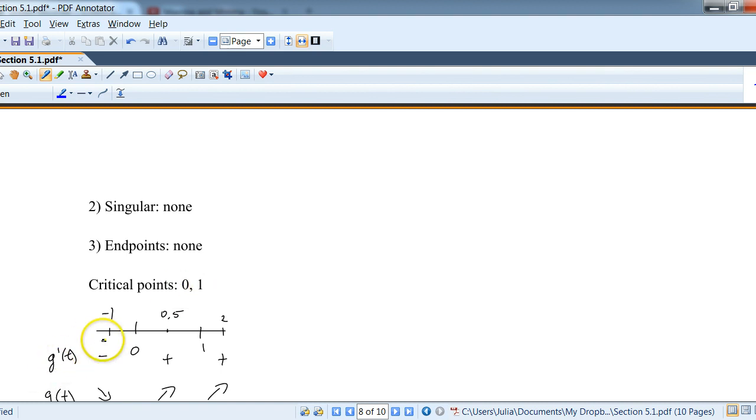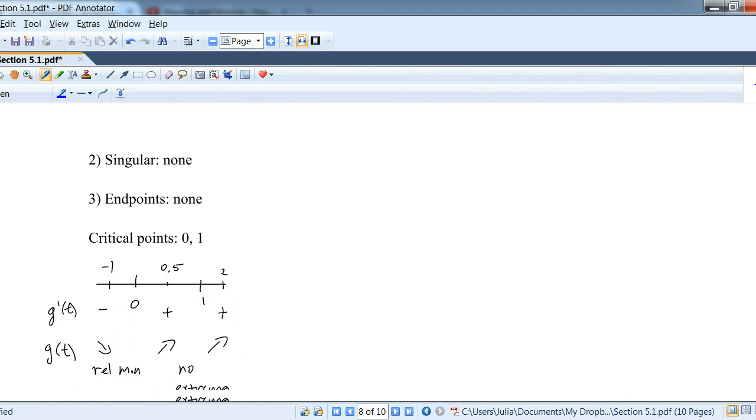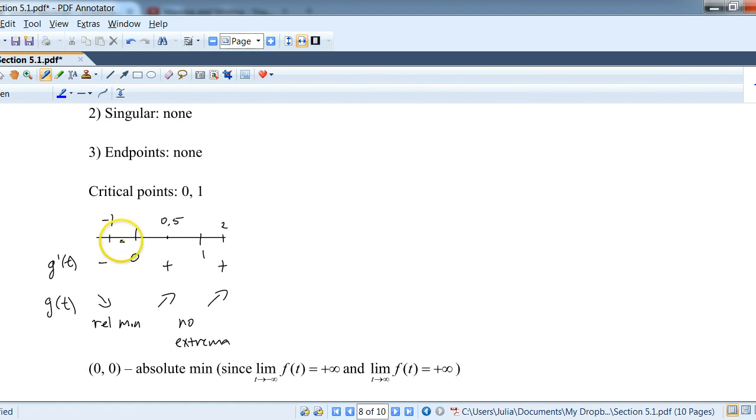We can put them on the number line because the 0 and 1 are both stationary. We actually need some extra points on either side to determine the sign of the derivative. So I happen to pick negative 1, again, to plug it back into the derivative. Again, it helps to have the factored derivative version. This is actually g of t, sorry.